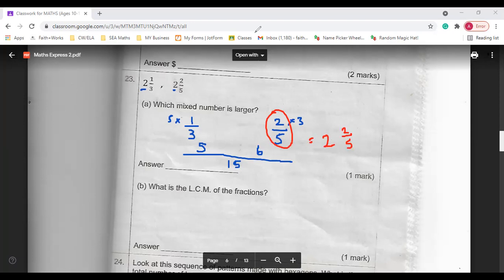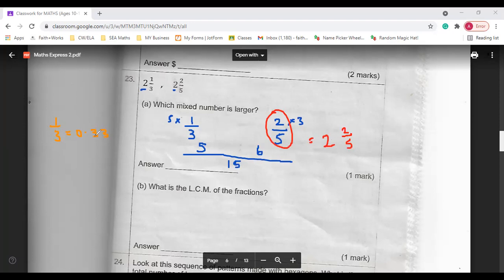Now let's say you wanted to use the decimal. 1/3 as a decimal is 0.33, right? It will be found on your conversion chart. If you have the conversion chart for fractions, decimals and percentages, these are the most commonly used fractions, so try to memorize these.